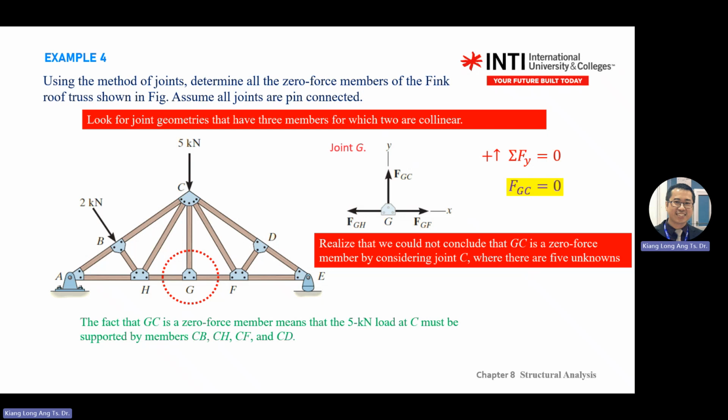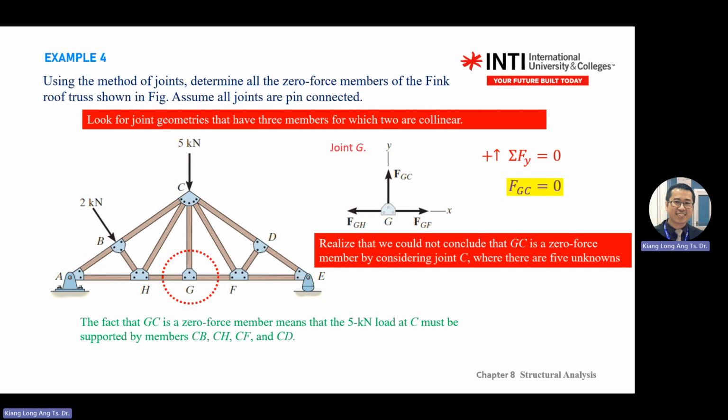GC here, we cannot conclude that GC is zero force by considering the point because there are 5 unknowns. Because here there are 1, 2, 3. Oh, I said 5, I think it's 3 unknowns.